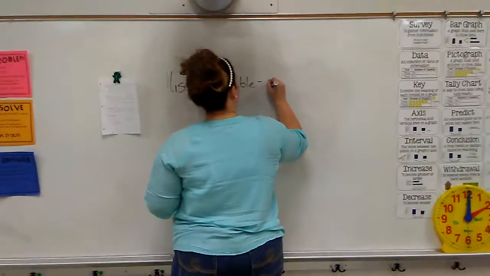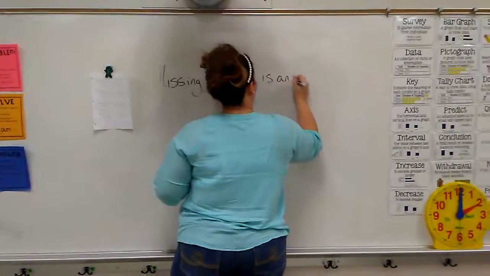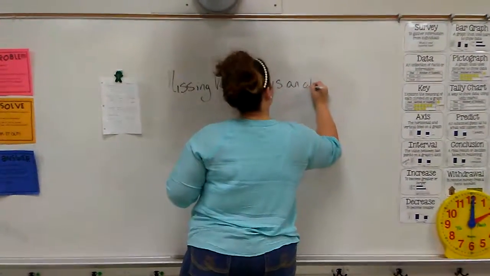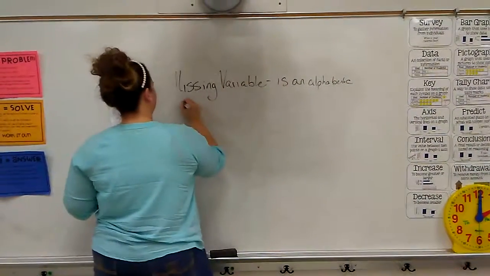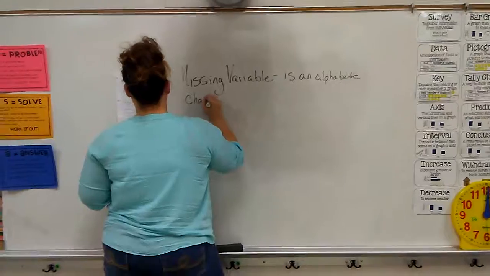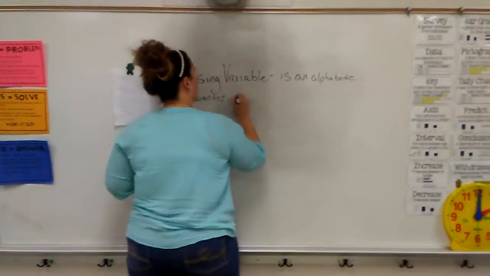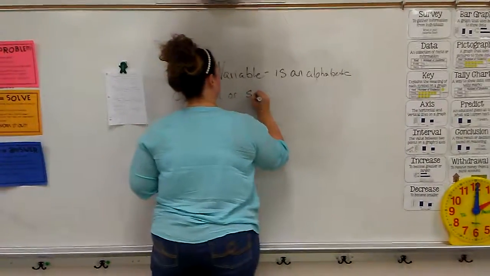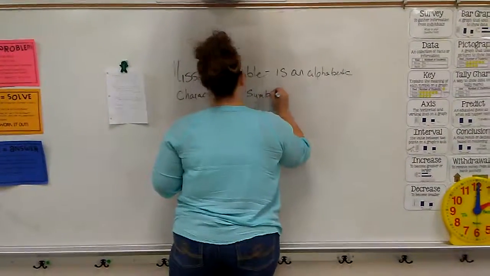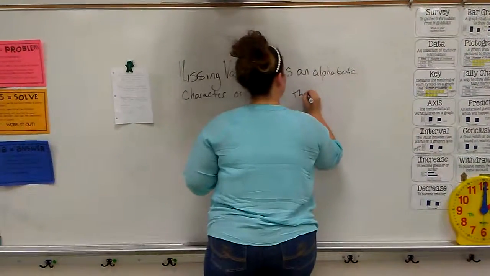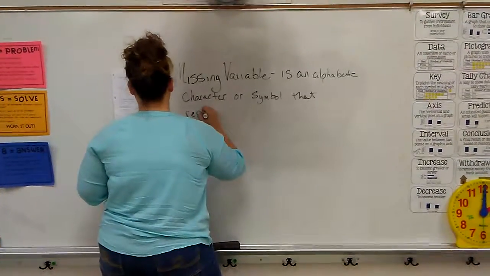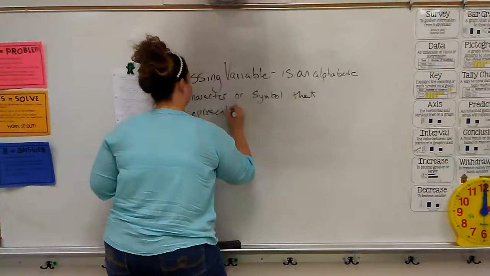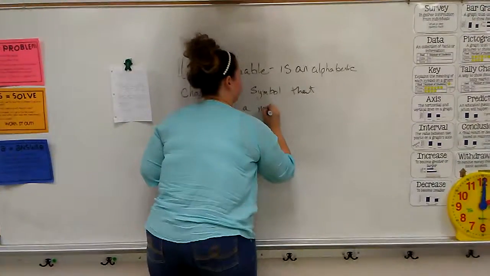All it is is an alphabetic character or a symbol that represents a missing number.